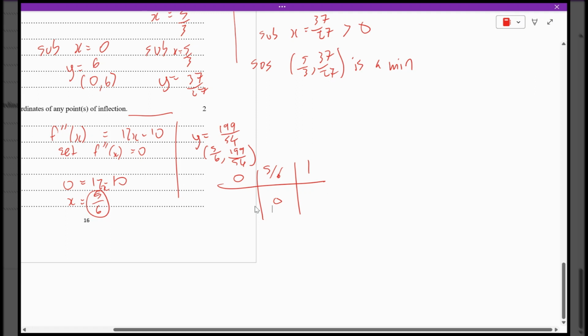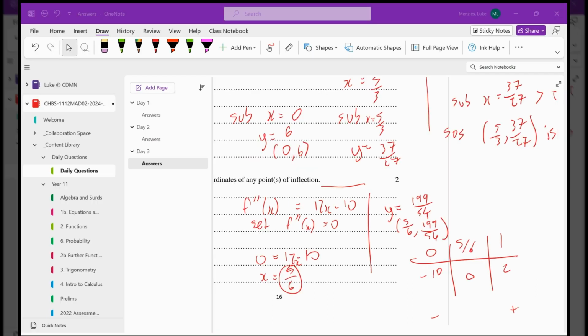We either want a positive answer here and a negative answer there, or a negative and a positive. As long as there's a change, it doesn't matter. So if we sub in 0 into the second derivative, we should get minus 10, so obviously that's a negative value. And then when we sub in 1, we should get 2. So the fact that we have gone from a negative through to 0 through to positive, we have indeed a point of inflection.